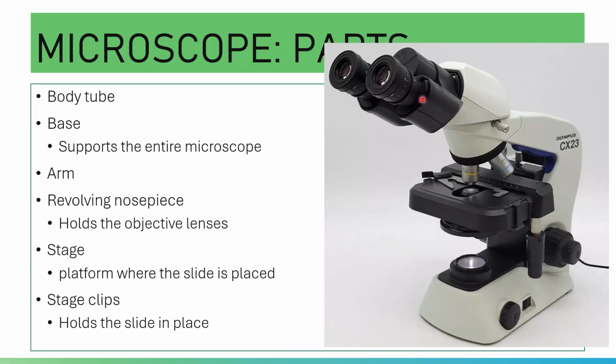The head is otherwise known as the body tube. It is the upper portion that holds the eyepiece and it contains prisms that direct light to both eyes.